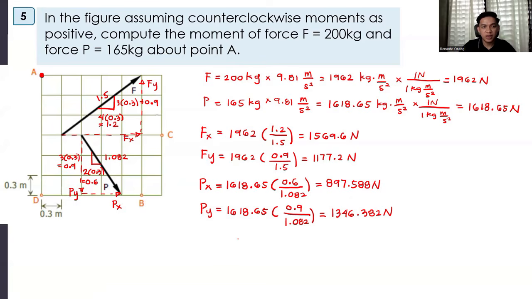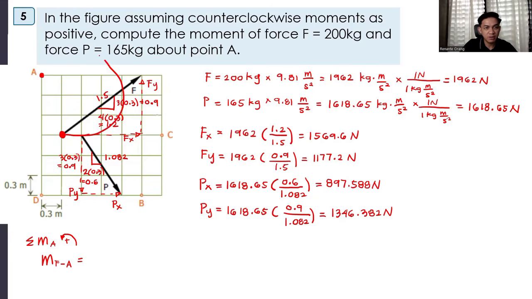We can now compute our moment at point A. The summation of moment at point A, where all counterclockwise is positive, because the problem requests that we assume counterclockwise moments are positive. So the moment of our force F about point A is equivalent to, let's see if Fx is positive or negative.